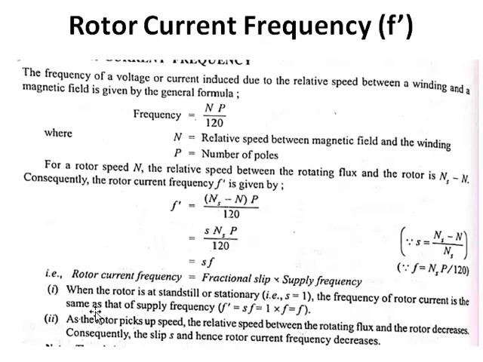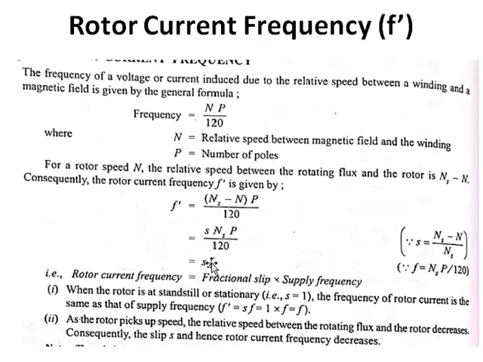Now let's consider some cases as we considered in the slip. When the rotor is at standstill or stationary, when it is about to start, slip is 1. We discussed this earlier. When slip is 1, f dash is equal to f, which means when the motor is about to start, the rotor current frequency is the same as the supply frequency.